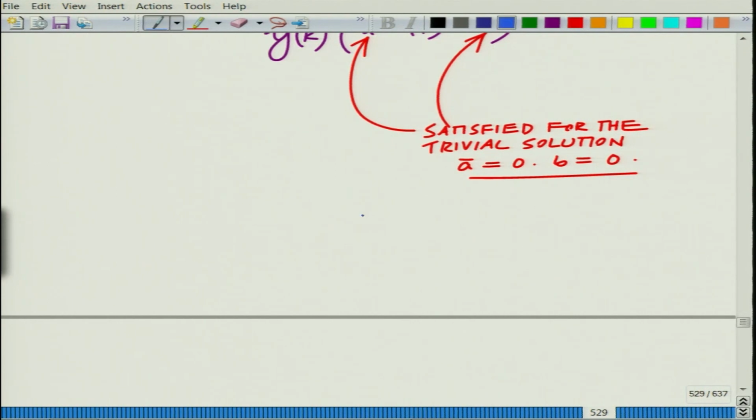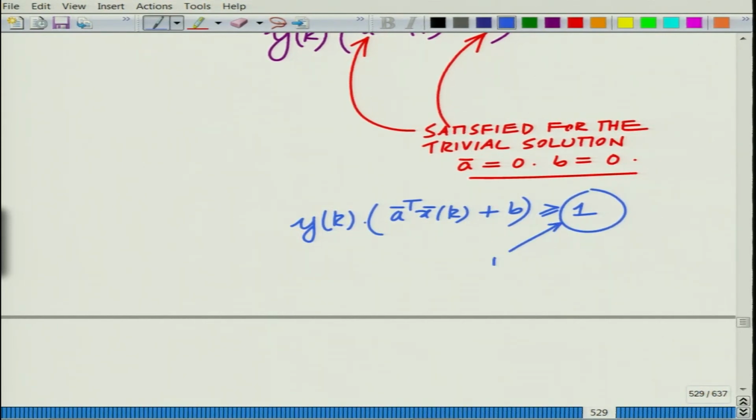So, it trivially satisfies this. To avoid that, we just have to tweak it a little bit, and what we are going to say is that y k into a bar transpose x k plus b is greater than or equal to 1. So, we will introduce this constant 1 rather than 0.